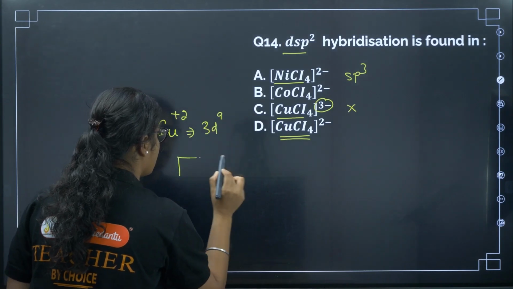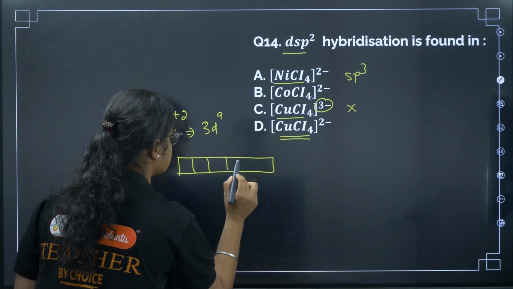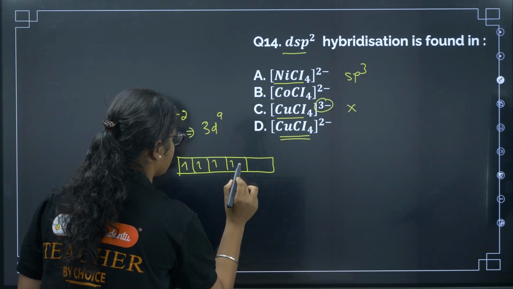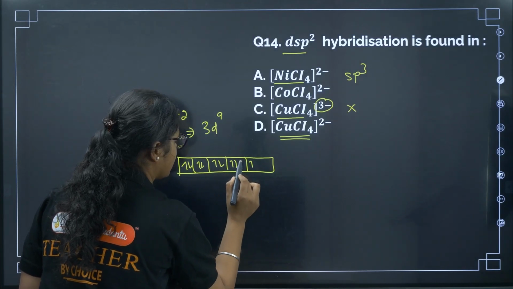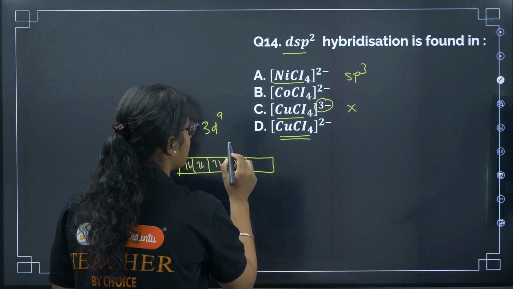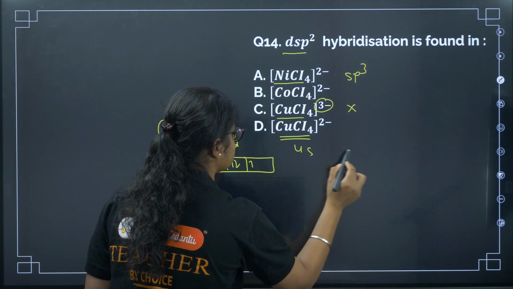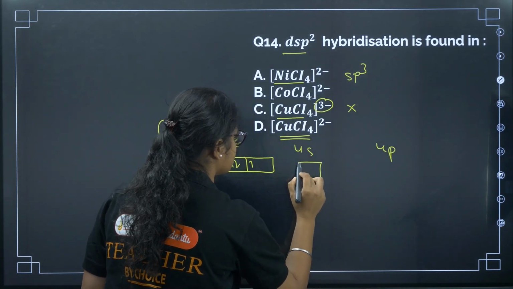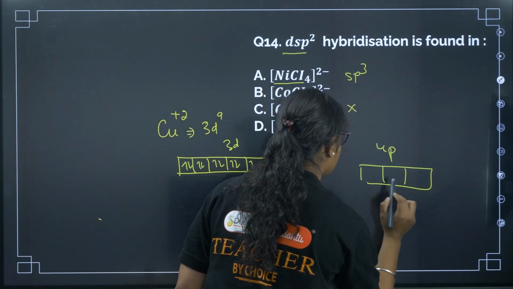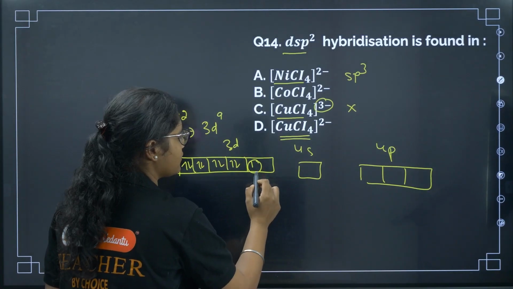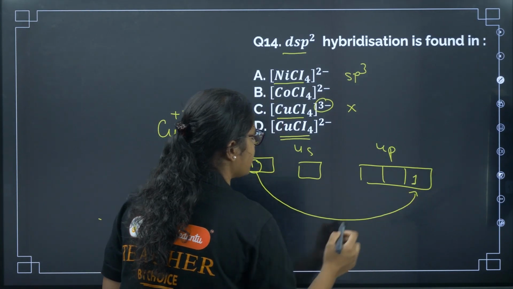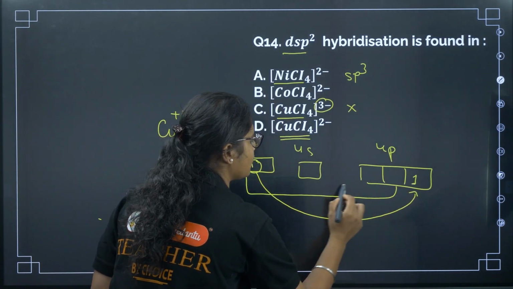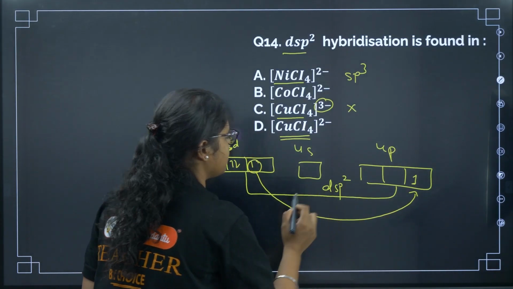Now with this 3d9 configuration, we have 1, 2, 3, 4, 5, 6, 7, 8 and 9. So what happens here, this is 3d, and we have 4s and 4p. This one electron is shifted to this orbital. Now we have dsp2 orbitals available for hybridization.